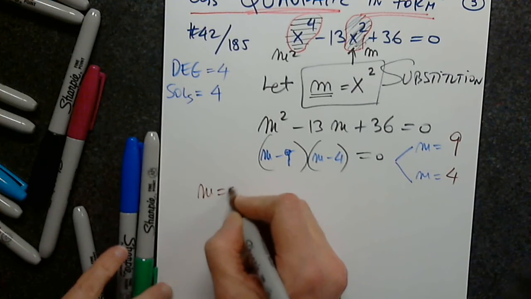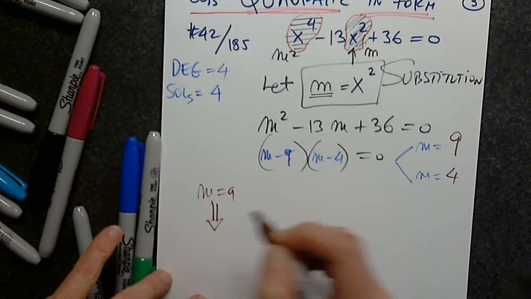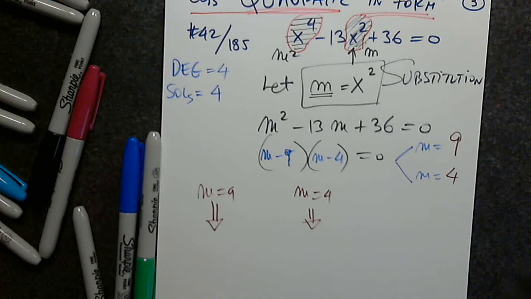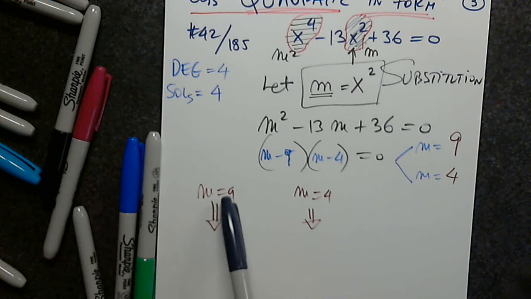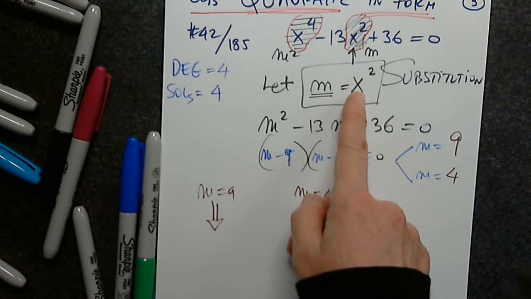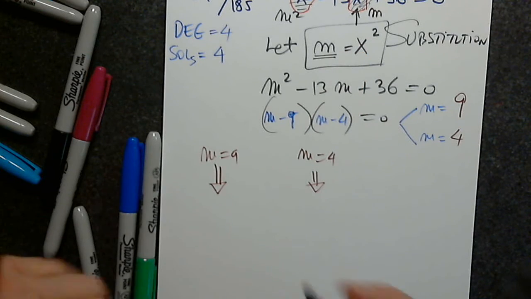But m equals 9 is an equation, and m equals 4 is a different equation. Now please tell me what you will replace this by. What equation is this? Of course, I have to go back to the substitution. M is x squared. Exactly.